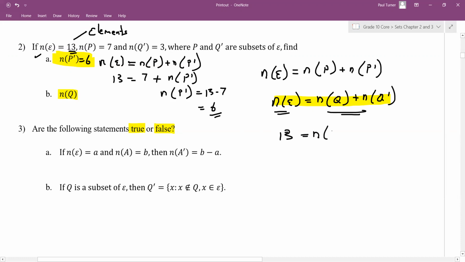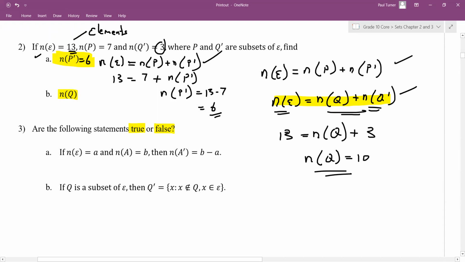So the number in Q, which you want, and the number not in Q is 3. There are 3 elements not in Q. So just bring your 3 over. So the number that are in Q will be 10. Okay, so you can use the Venn diagram to help with that work as well if you want, but you can just use these 2 formulas here. Okay, and these work for any kind of question.